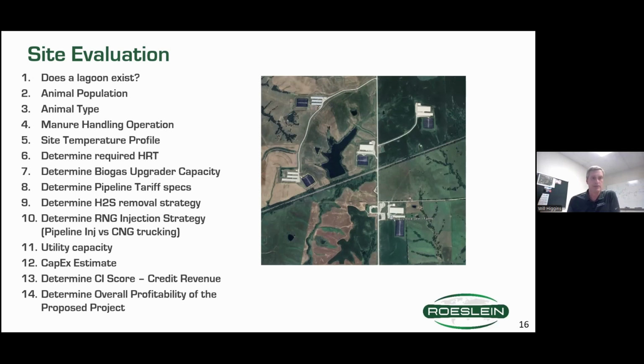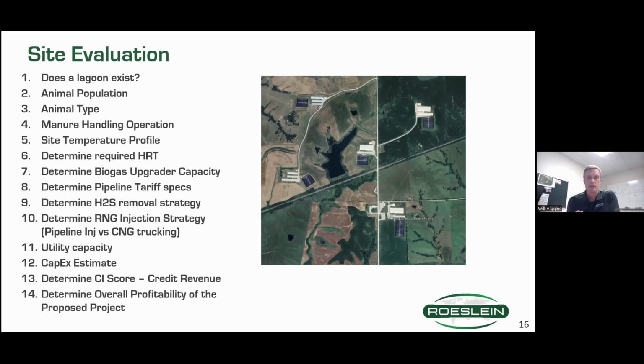Then we would get into a capital estimate based on the projects that we've done. And we've done, I would say, over 60 projects now. So we have a pretty good database to pull from on what things cost. And with similar projects, we would use that in our estimate and come up with a CapEx estimate.